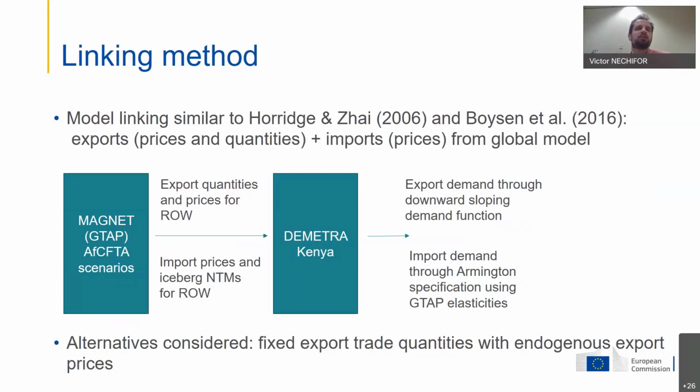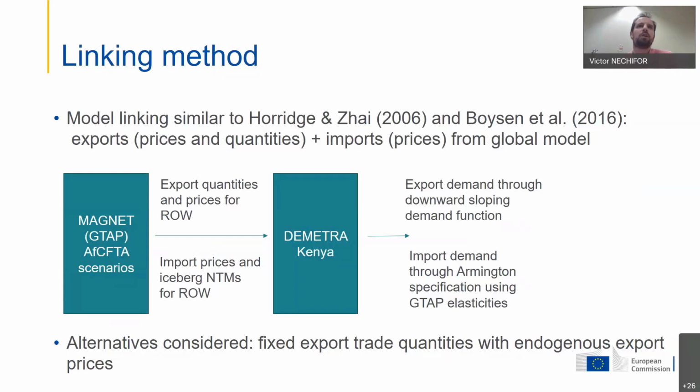For this strategy, we also considered alternatives. I will probably not have time today to talk about the outcomes of the alternatives, but you have some slides at the end of the presentation, which is online, to compare the model response, where instead of having this export demand shift that we're implementing in the Metra by including prices and quantities, we were looking at fixing export quantities and allowing export prices to be flexible.